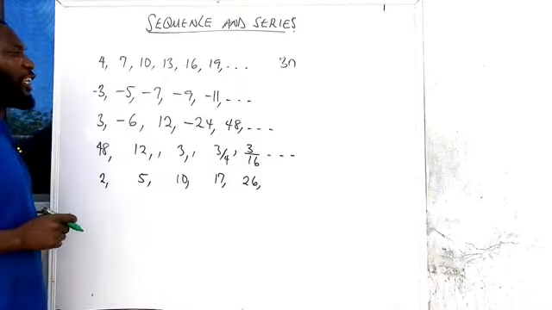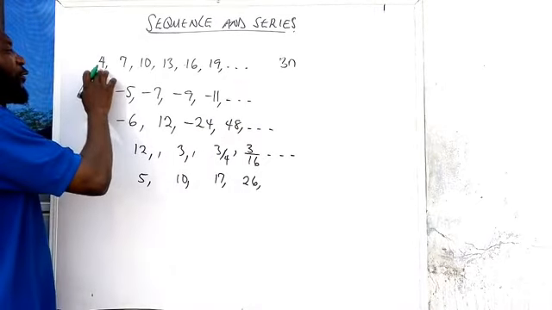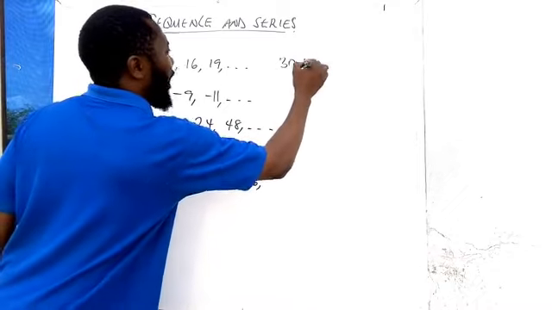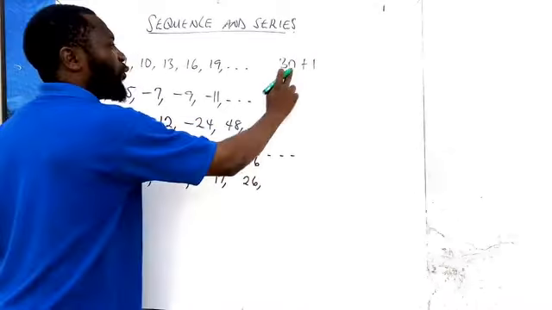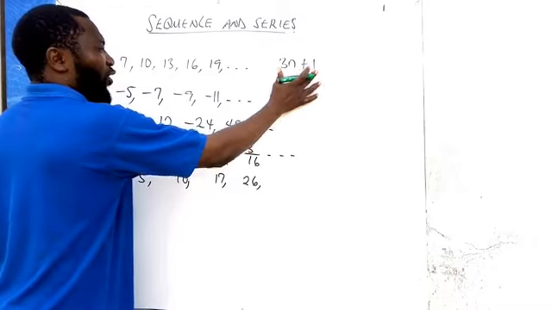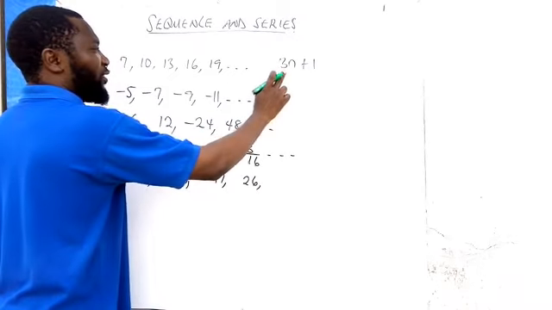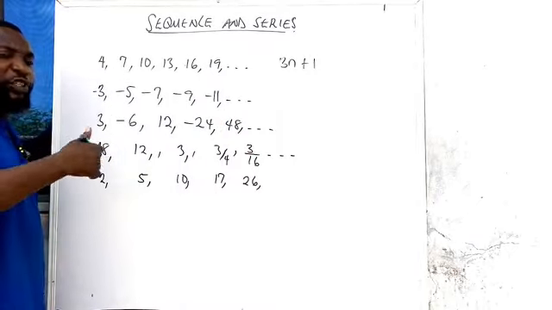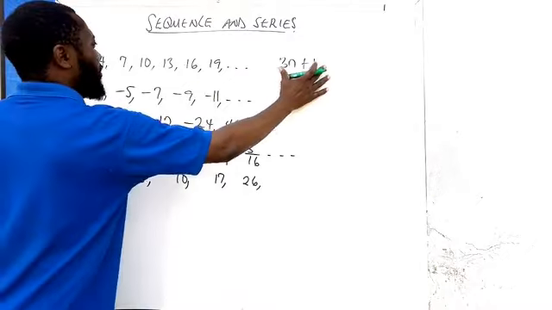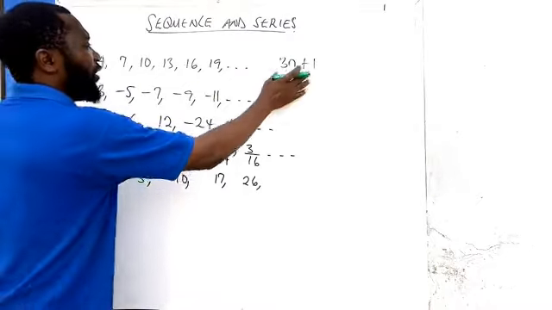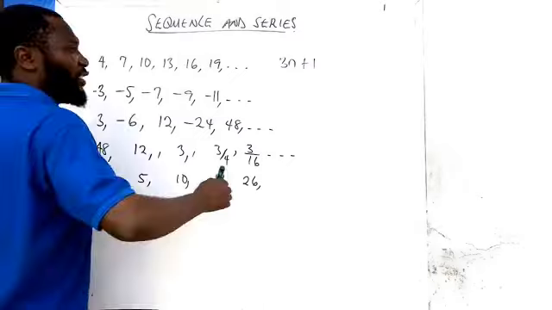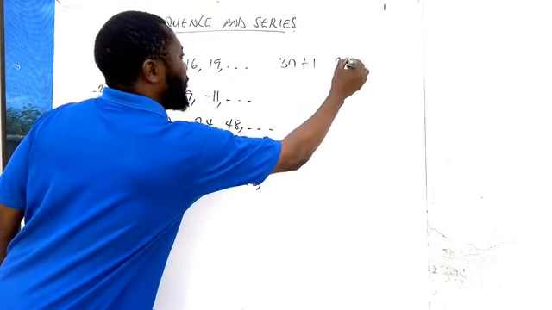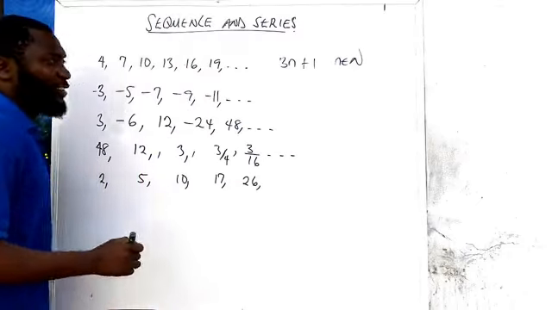But for us to get 4, it means you add 1. So that when n equals 1, you get 4. When n equals 2, 2 times 3 is 6, 6 plus 1, 7. You can see we are adding 3, so that is a multiple of 3. So it means we can generate this sequence by this formula, such that n is a member of the natural numbers.